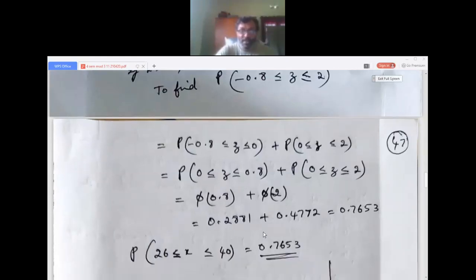So use the table. In the exam, they'll give the values for you. So 0.2881 plus 0.4772. That is equal to 0.7653.